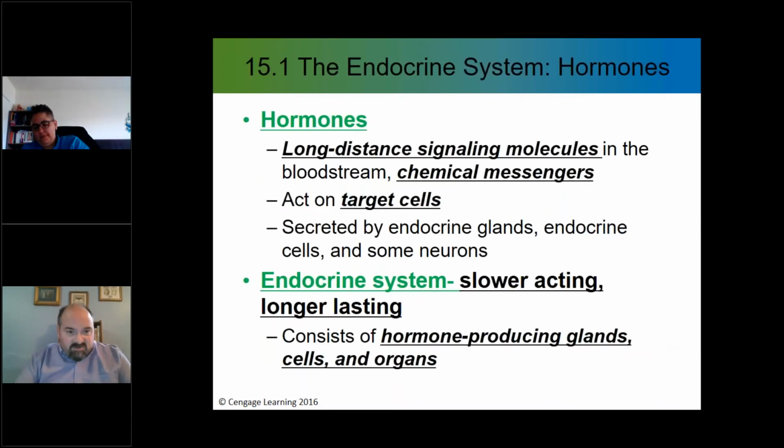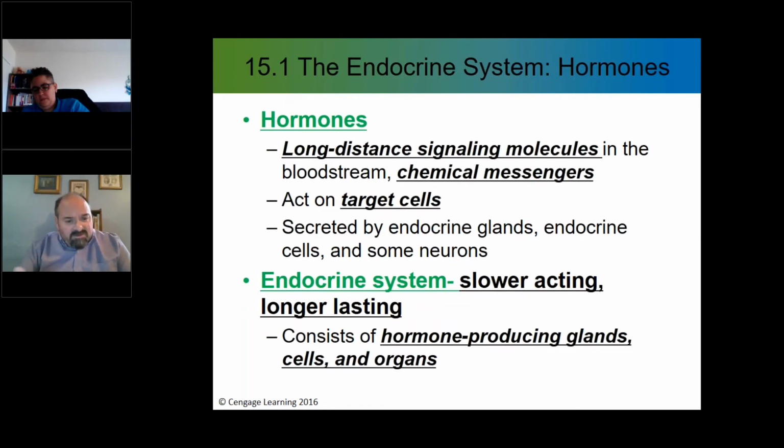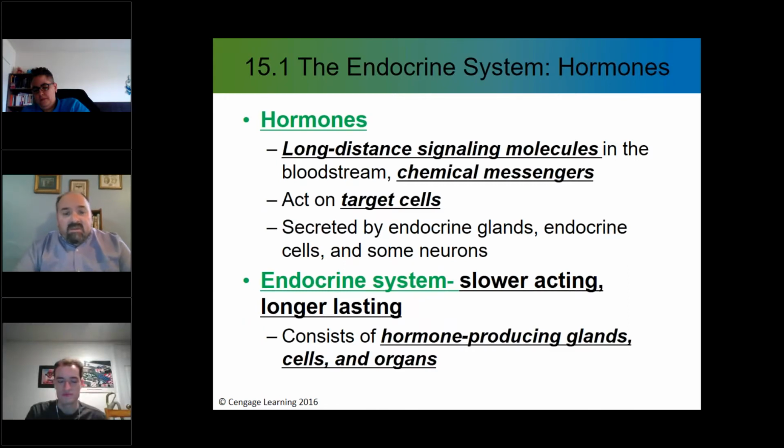So I said to you that there are hormones. These are chemical messengers. They can travel over long distances, going from the point of origin where they're synthesized to a target tissue and have some type of action, right? I mentioned that the endocrine system does work in conjunction with the nervous system, but the endocrine system is slower acting but longer lasting, whereas the nervous system is quick acting and shorter lasting, and doesn't have as long a duration of response after the action takes place.